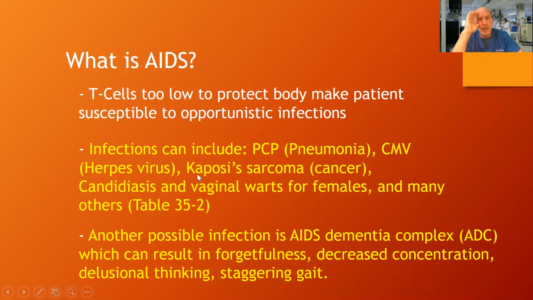One of the more common infections is called Kaposi's sarcoma. It's actually a cancer. It causes little lesions in the skin. And if you remember back to the 90s, that was the most common sign that someone had AIDS, was they would develop these little lesions in their body.